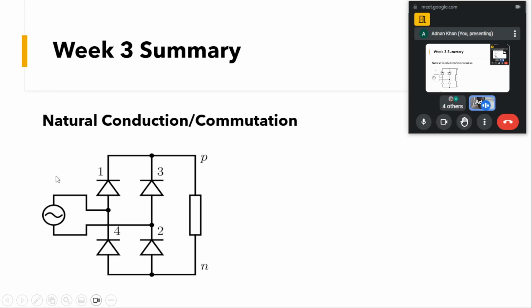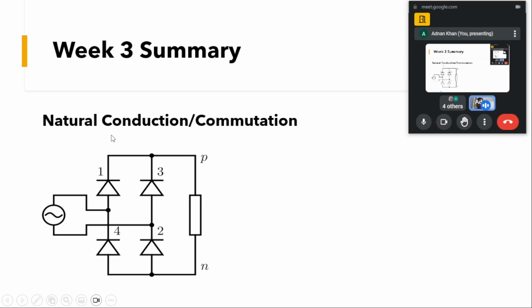Coming to this single phase full wave rectifier, here you can see four diodes being used. We have two legs and four diodes, 1, 3 and 4, 2.